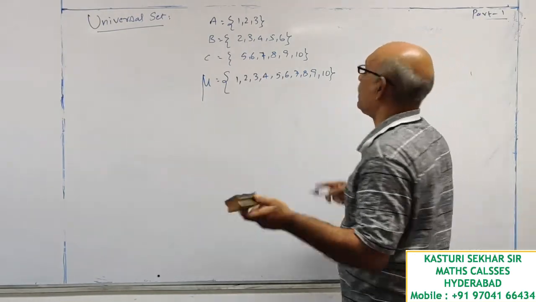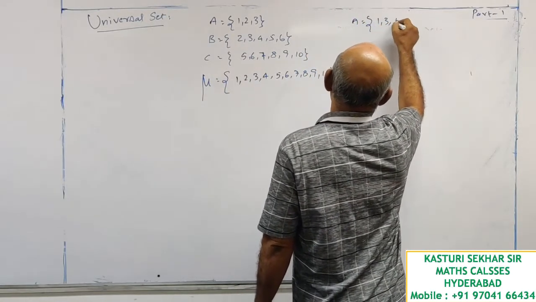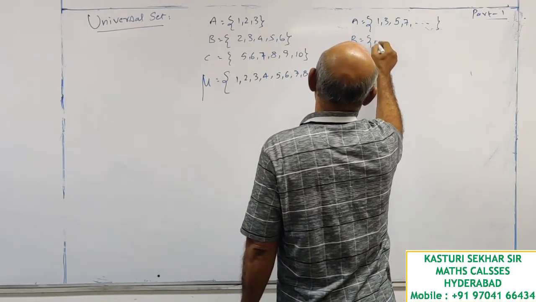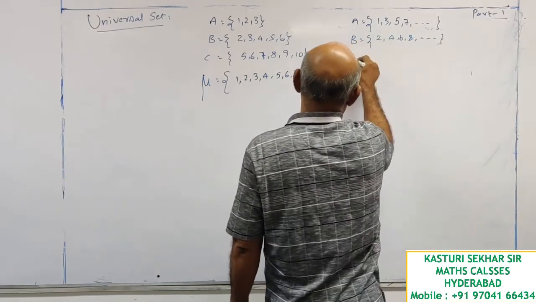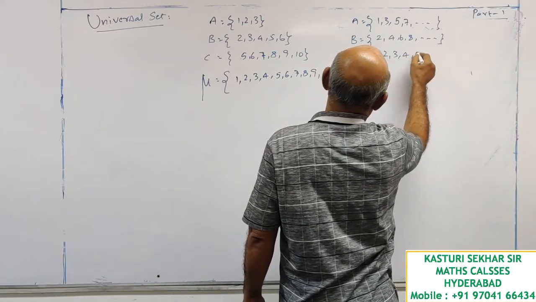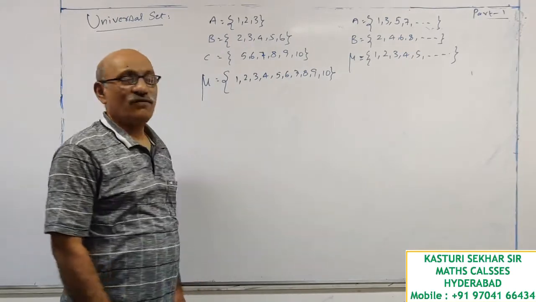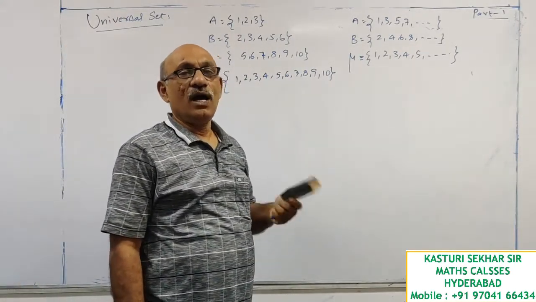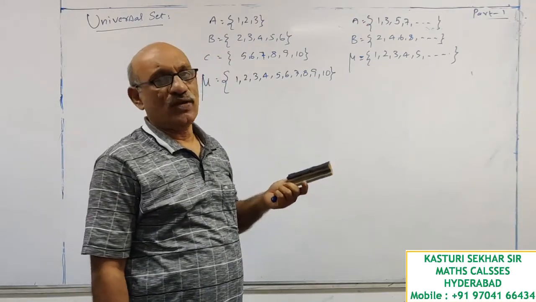Let us take another example. A is equal to odd natural numbers 1, 3, 5, 7, etc. B is equal to even natural numbers. So the universal set is a set which contains natural numbers 1, 2, 3, 4, 5, etc. So this universal set is having even natural numbers as well as odd natural numbers.